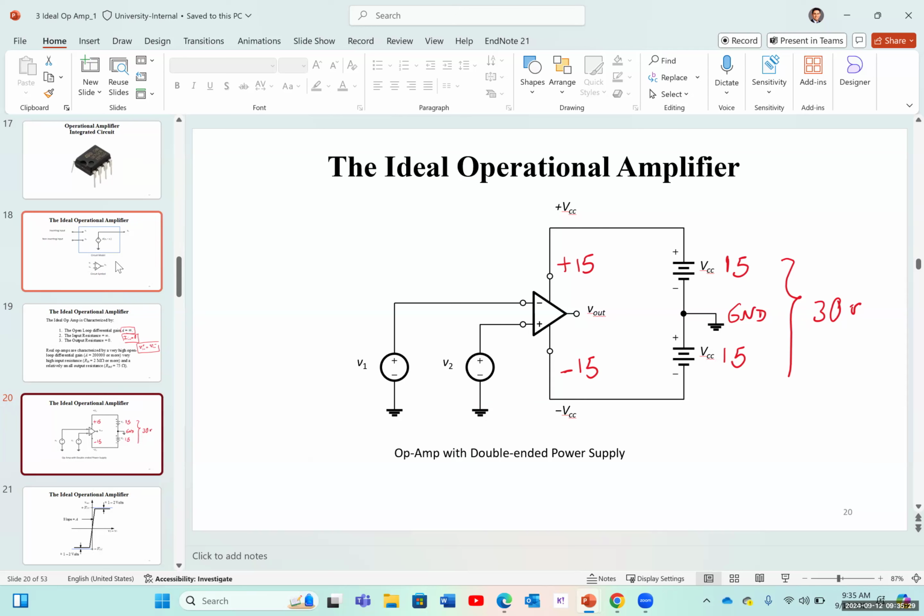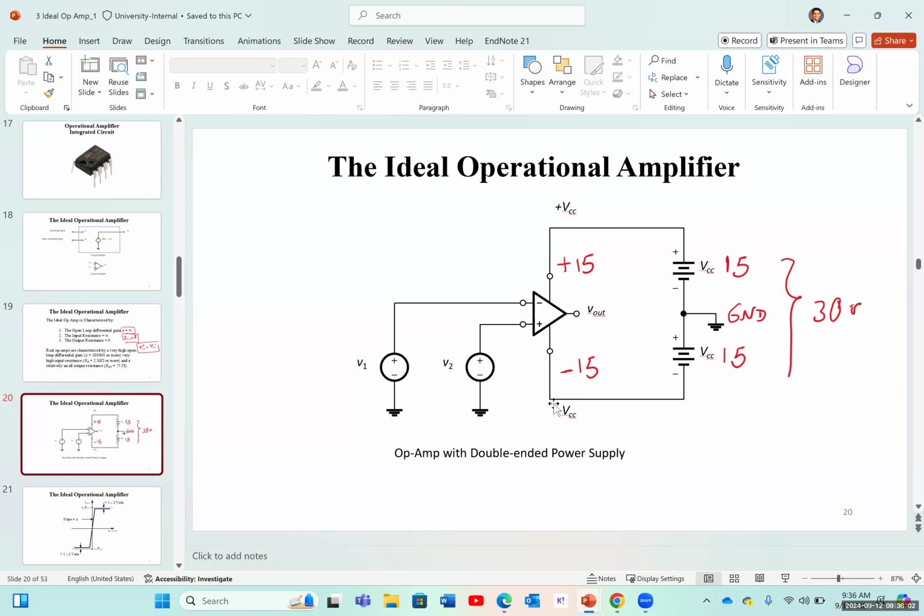We went through how the power supply of an ideal op amp is connected and how the inputs are also connected. Again, the negative input is called the inverting input. The positive input is called the non-inverting input. The positive power supply is usually connected to a positive DC power supply. The negative of the power supply is connected to another DC power supply, and this would be our common ground.